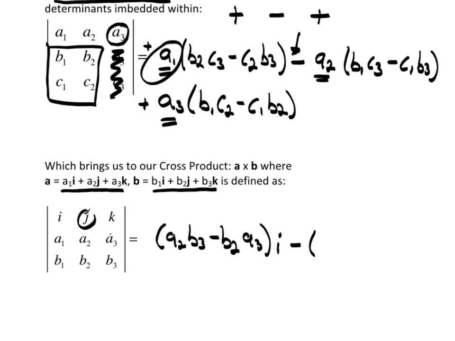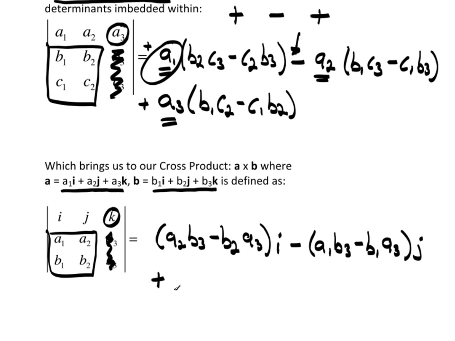which would be, I'm going to key on J, so I'll get rid of this, A1 times B3 minus B1 times A3, J, plus, now I'll key on K, which means pretend like this doesn't exist and work with these guys right here.